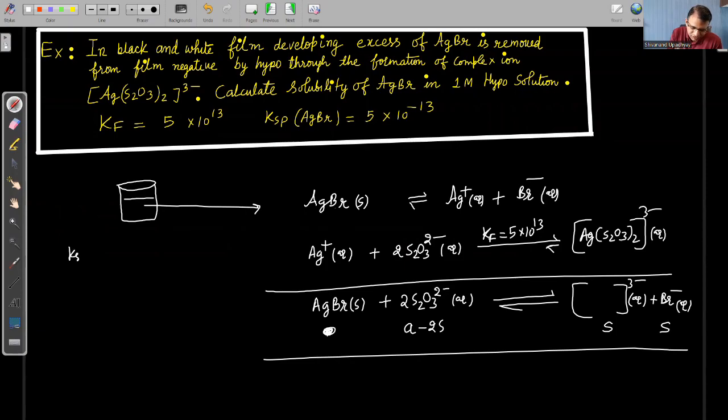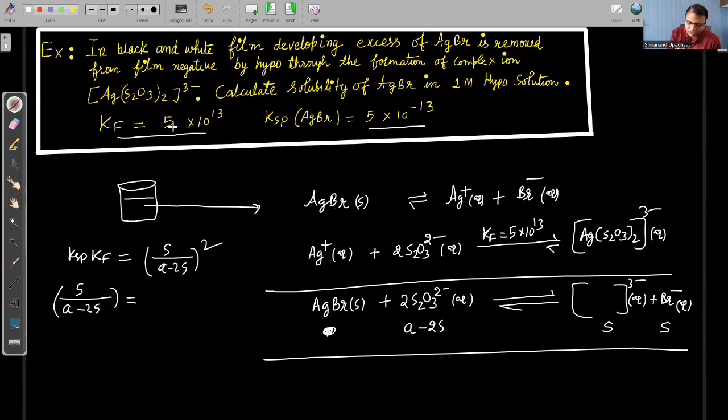So Ksp into K formation is equal to S over (A minus 2 times S) whole squared. If I simplify, S upon A minus 2 times S is equal to, if I multiply K formation and Ksp value, it is 25.